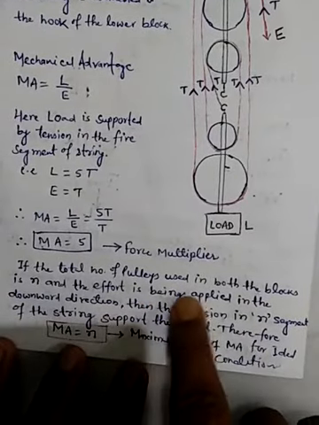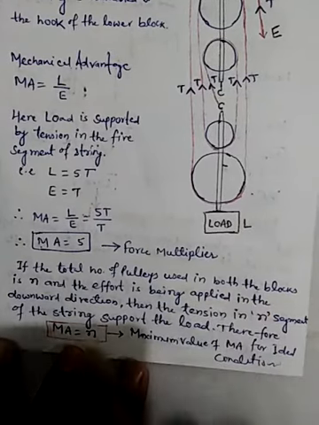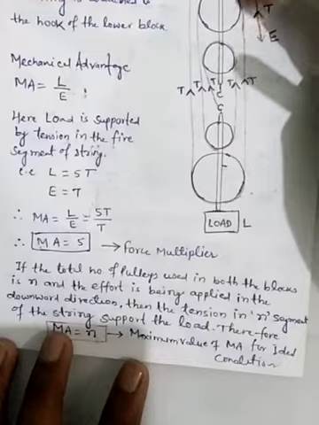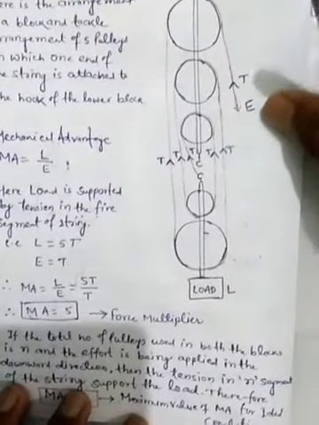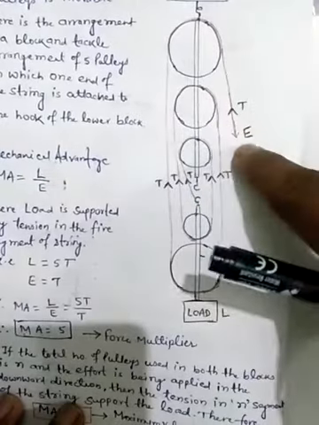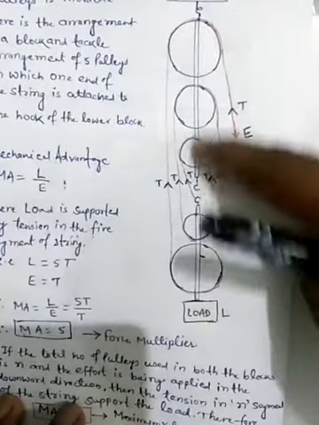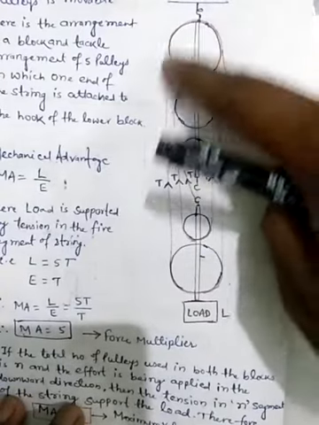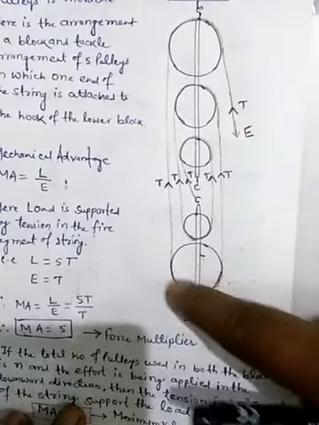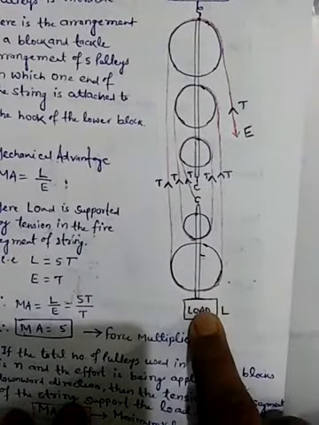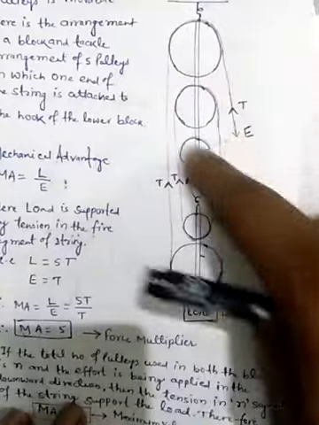If the total number of pulleys used in both the blocks is n, both the blocks meaning the fixed block and the movable block. This section is the fixed block and this is the movable block. In the fixed block there are three pulleys which are fixed at this end, and in the movable block there are two pulleys which are attached to the load. It is moving and this is fixed.